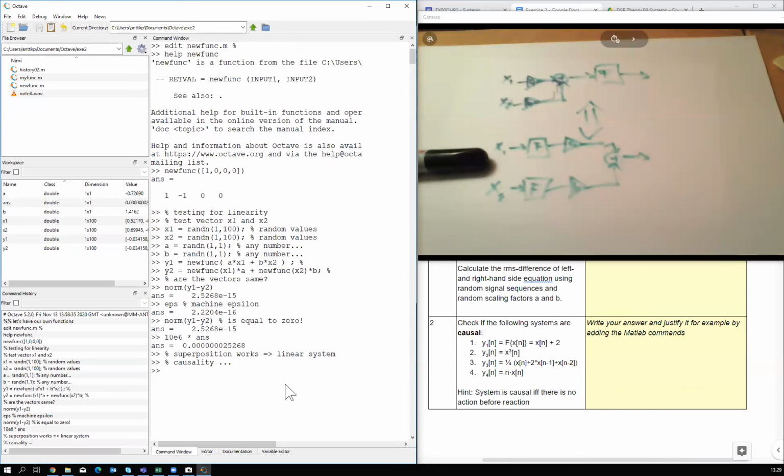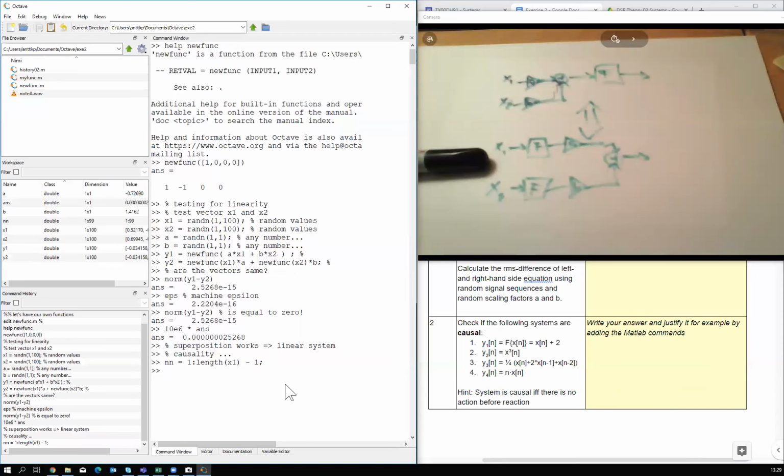We can test it by starting a signal. Let me take an index, for example, from minus 20 to, or actually 1 to length of x1 minus 1. So I have indexes now. Oops.